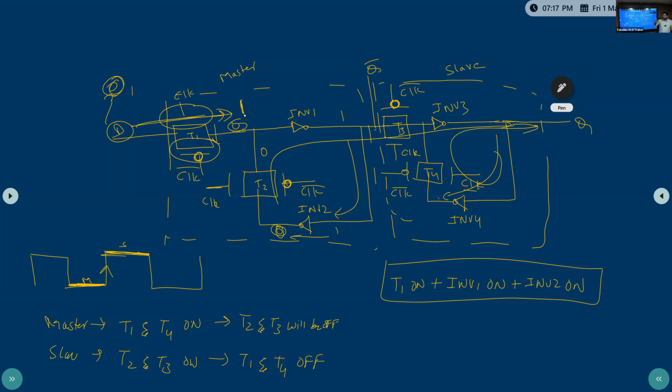Clear? Simple. Don't focus on whatever I am saying, first listen. T1 is going off, and when it is going off, new data is entering. It may cause inverter 1 to receive both 0 and 1. Then which one will it take?